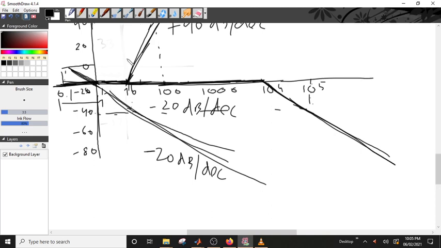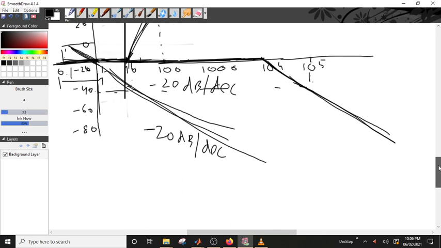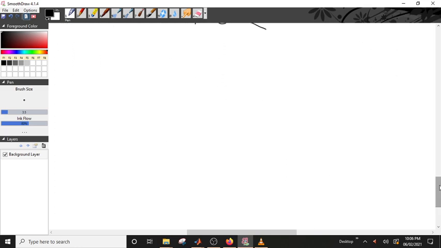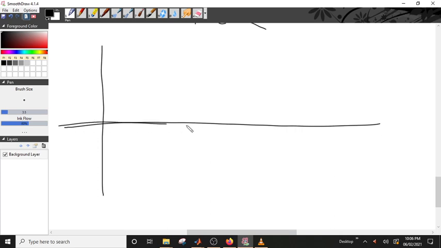Till 10, till this point, we only have a single line, right? We only have a single line, which is minus 20 dB per decade. So we have to draw the same thing again, exactly the same.